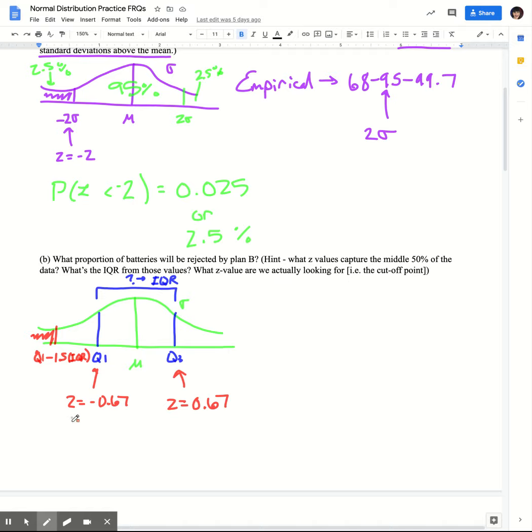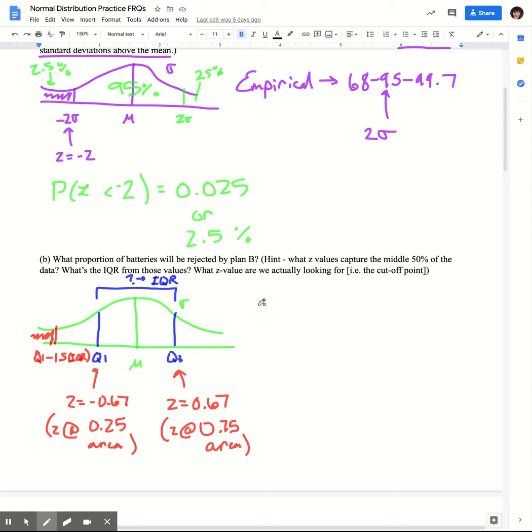So you would look for, this is the Z value associated with the area of 0.25, right? And this is the Z value associated with 0.75 as the area.